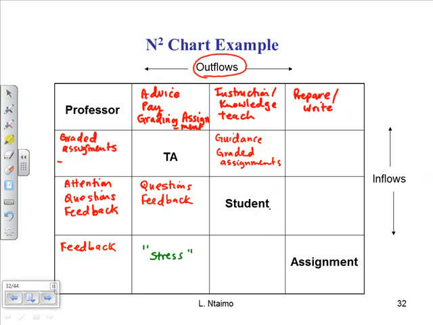Okay, how about the student and the assignment? What does the student do to the assignment? They have to do it, so they have to complete the assignment, right? Okay. They don't have to, they can leave it. How about the assignment to the student? What does the assignment provide to you? Grades.